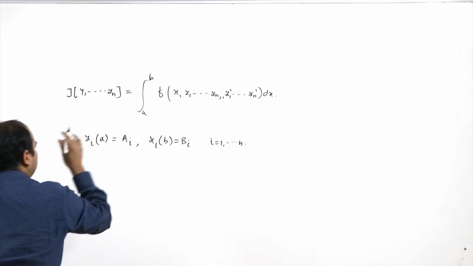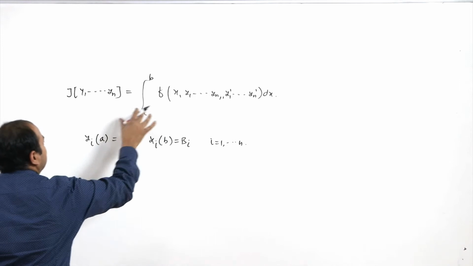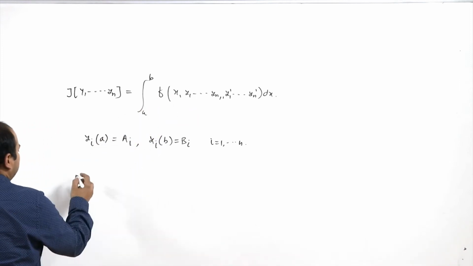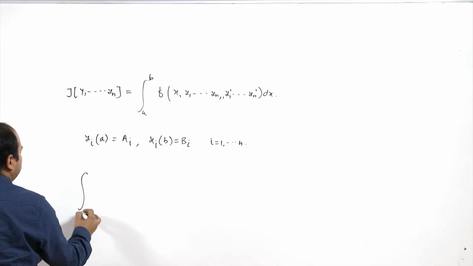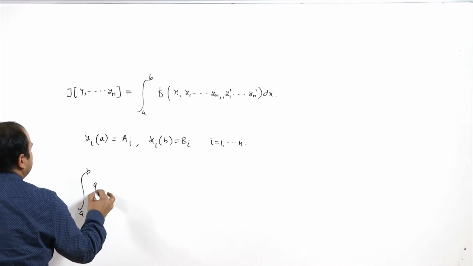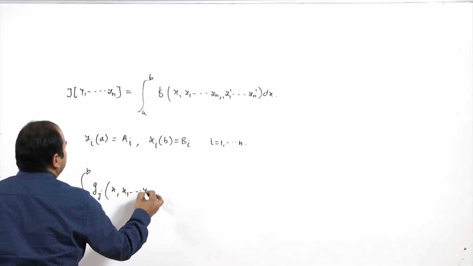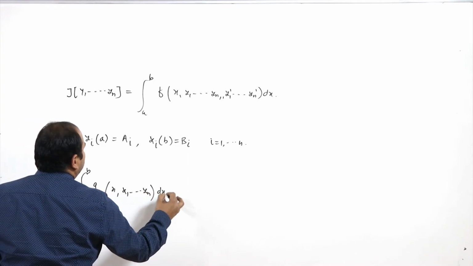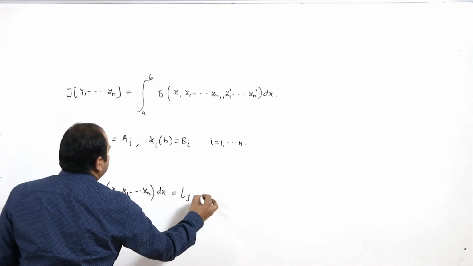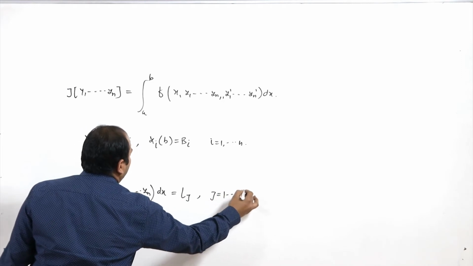And we are not only extremizing this functional, but it also satisfies the condition that the integral from a to b of gj of x, y1 to yn dx is equal to Lj for each j equal to 1 to k.